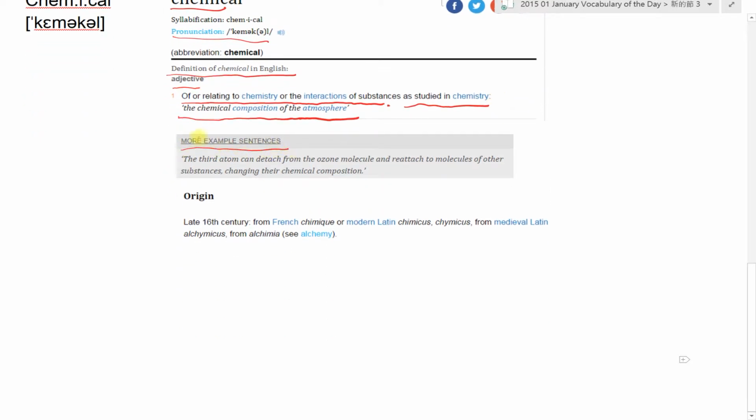More example sentences: The third atom can detach from the ozone molecule and reattach to molecules of other substances, changing their chemical compositions. Origins: late 16th century from French chimique or modern Latin chimicus. Chimicus from medieval Latin alchemicus, from alchemia, see alchemy.